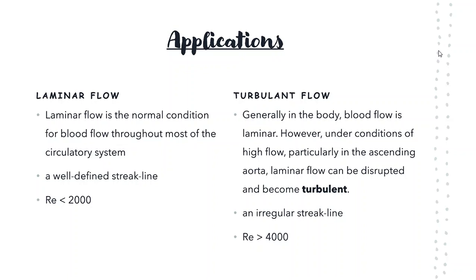However, at the aorta, with blood going into the heart and being pumped away from the heart, under conditions of high flow, particularly in the ascending aorta, laminar flow can be disrupted and become turbulent.